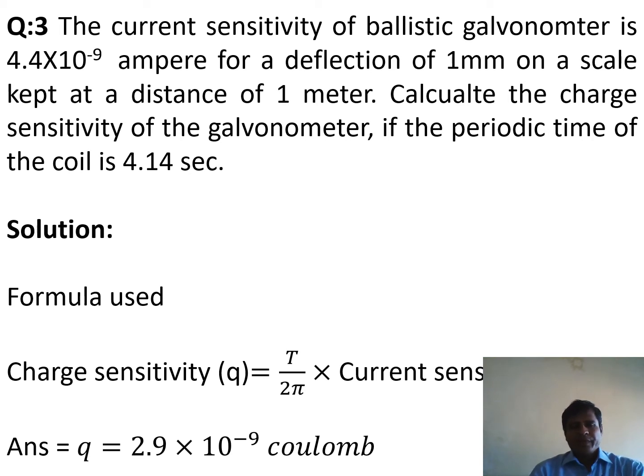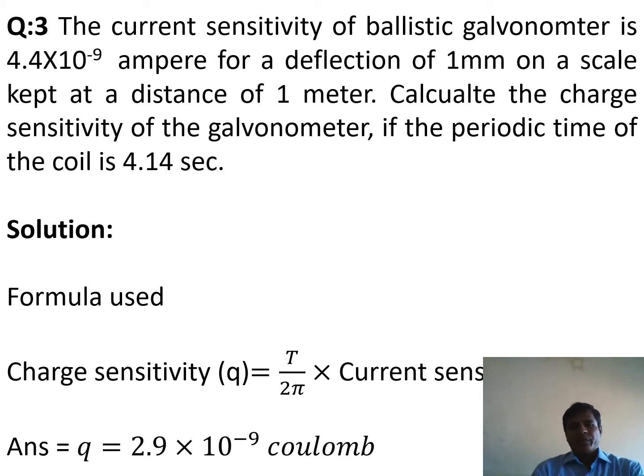Solution. First we shall look into the given quantities. Current sensitivity is given, that is equal to 4.4 into 10 to the power minus 9 amperes, and deflection is equal to 1 millimeter, and the capital T, that is periodic time of the coil, is 4.14 seconds.